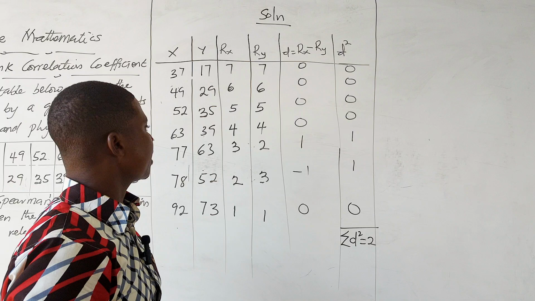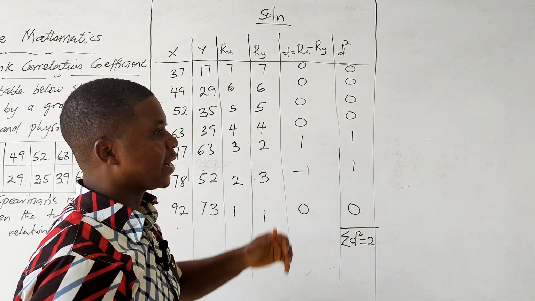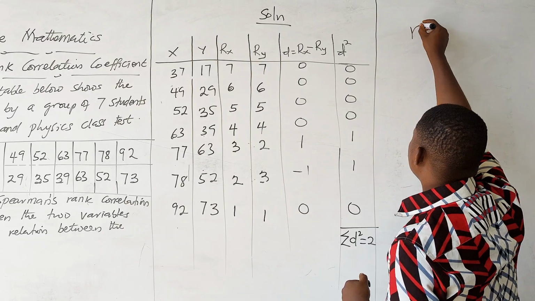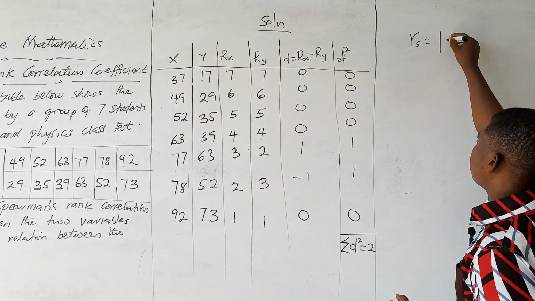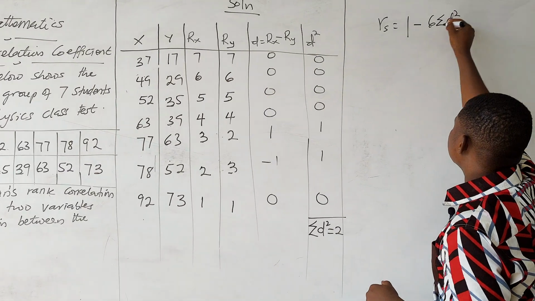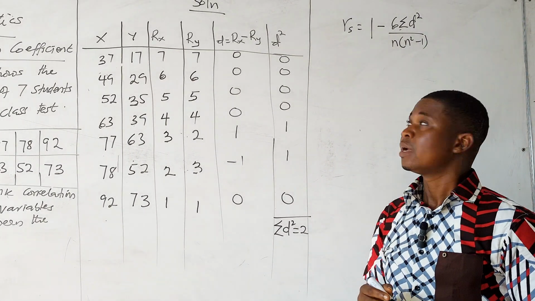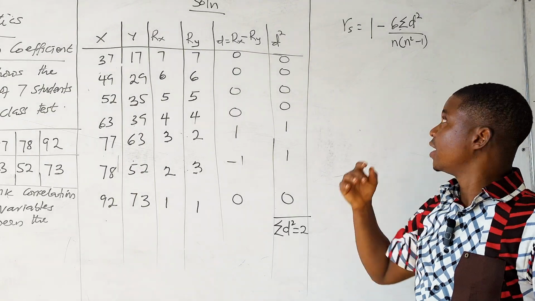After drawing this, the next thing is the formula for finding the rank correlation. That is 1 minus 6 summation d squared over n into bracket n squared minus 1. This is the formula that we are going to use here.